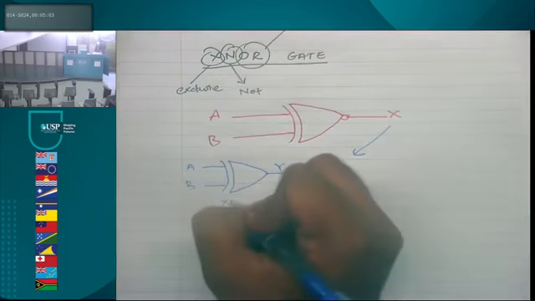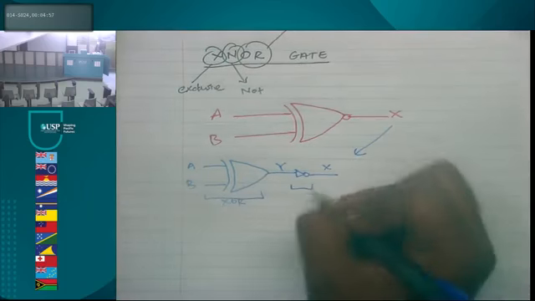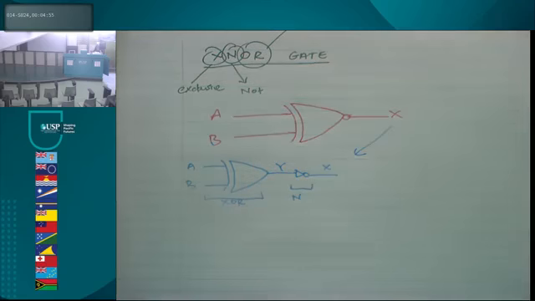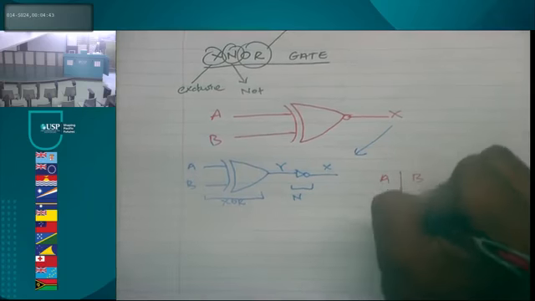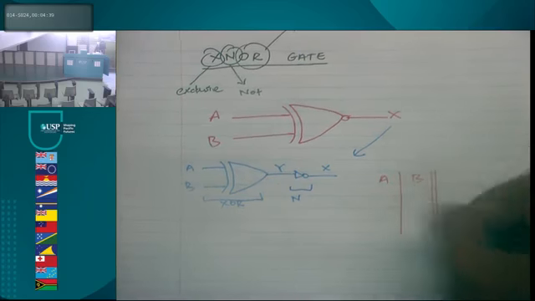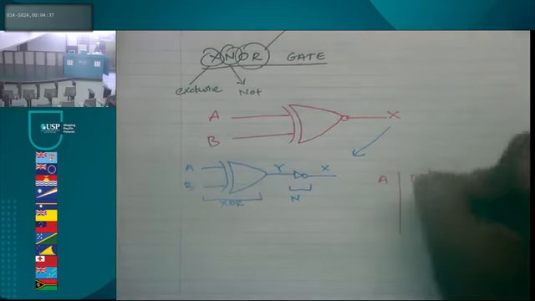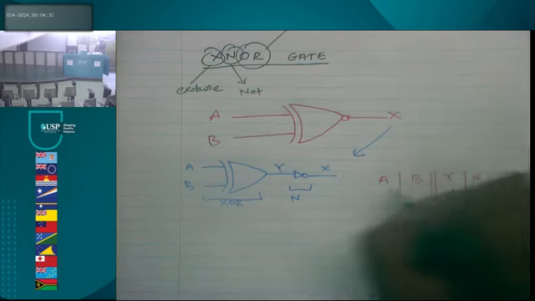This part is your XOR and your NOT, okay? So last part, let's look at the truth table before you guys go. Okay, A, B. This signifies your output. First is your Y and then your X, right?